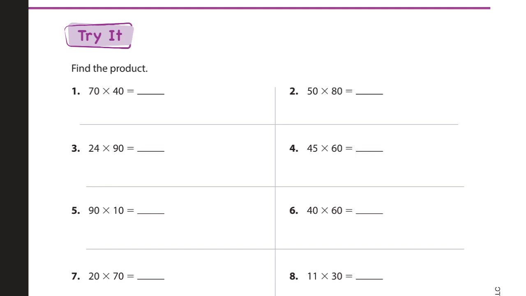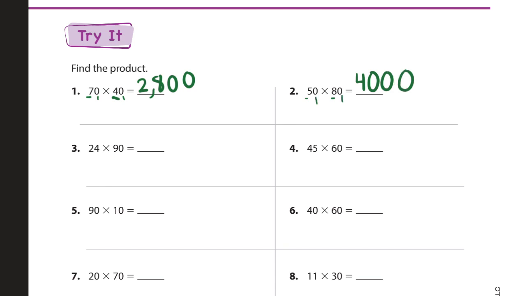Okay, 70 times 40. All I need to know is 7 times 4, which is 28, and then I have to add 2 zeros. And my answer is 2,800. 50 times 80, I do 5 times 8, which is 40, and then I add the 2 zeros.